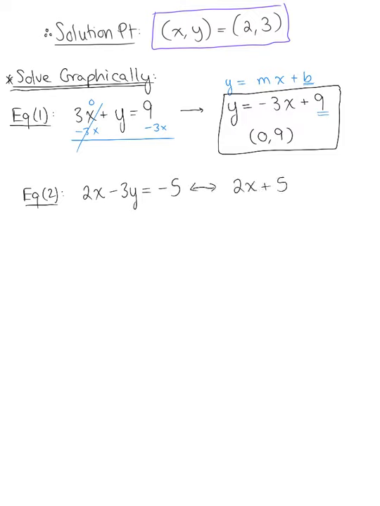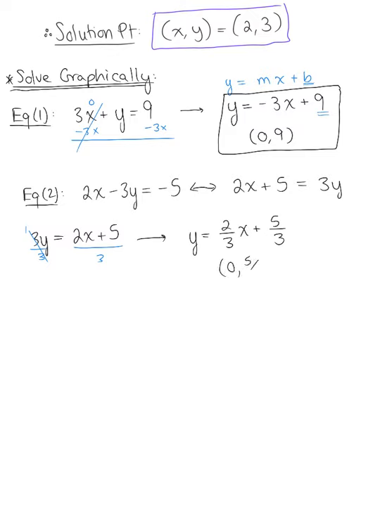Now we can divide both sides of our equation by 3 to isolate y, which leaves us with the equation y is equal to 2/3 x plus 5/3. And so we can again see that our y-intercept here is (0, 5/3).